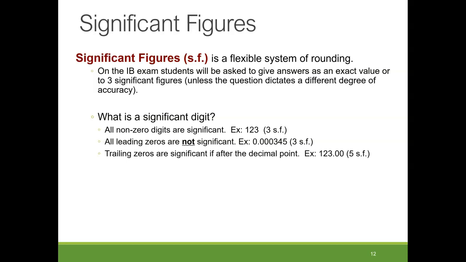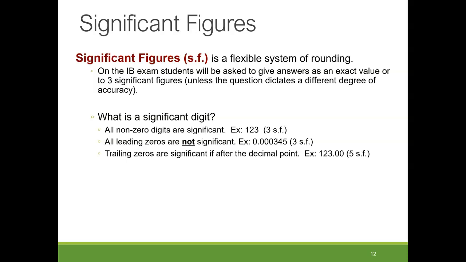So 123.00 implies that the measurement tool I used was accurate to the hundredths place, and I could measure it as 123.00, as opposed to 123, which implies that the tool I used to measure that was accurate to the ones place. It tells me I used a different kind of instrument.